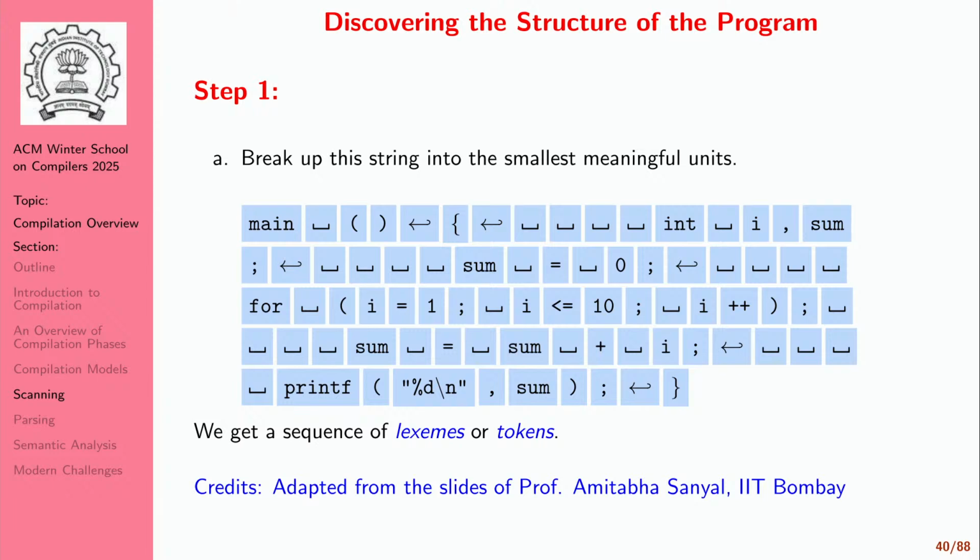We have this token called name. We have another instance of this token called sum, which is an identifier. This is the name of the function. We have another instance of this sequence of characters, which the scanner knows is a keyword.